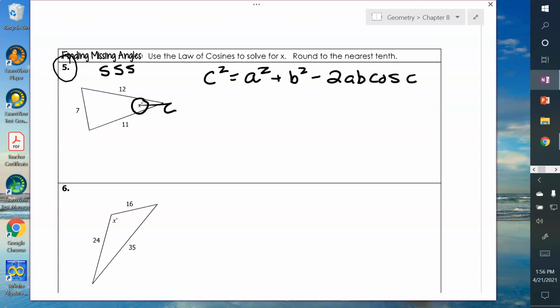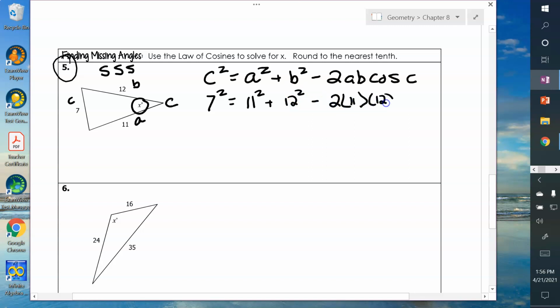So then the 7 is going to be little c. So here's little c, and then a and b, 11 and 12. So c squared, 7 squared, equals a squared, which is 11 squared, plus b squared, which is 12 squared, minus 2 times 11 times 12 times the cosine of x.